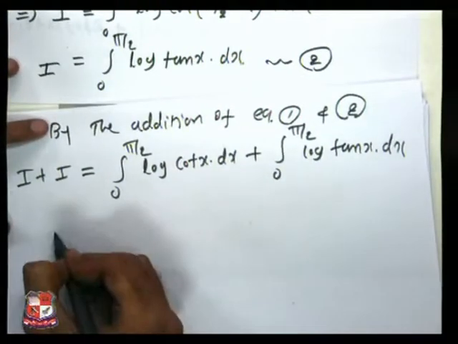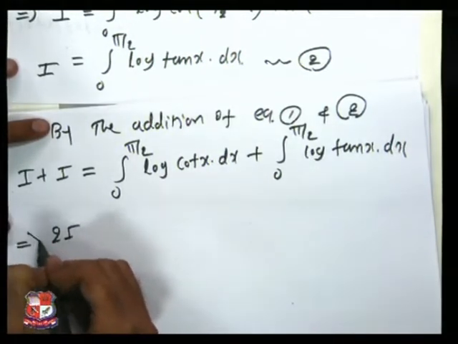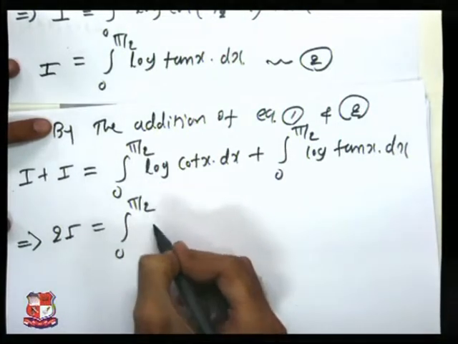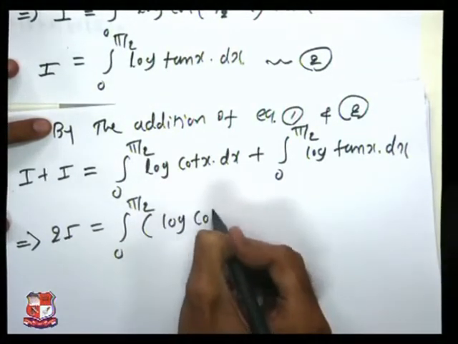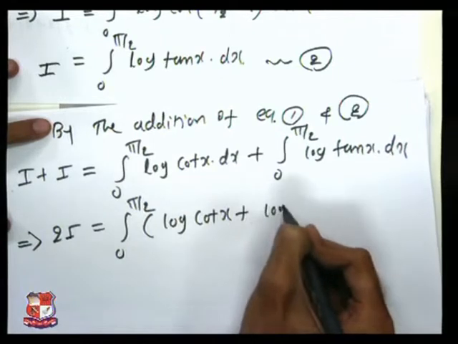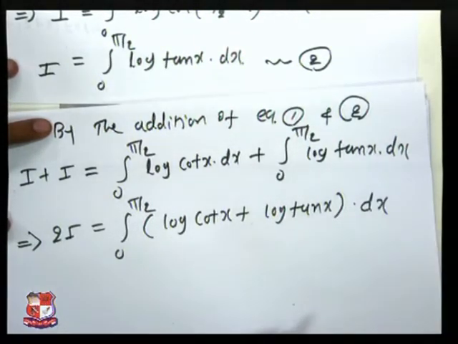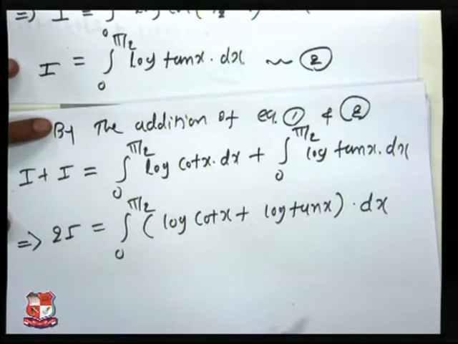Okay, so I plus I, that is equal to 2I is equal to integral 0 to pi by 2 of (log cot x plus log tan x) dx, right?